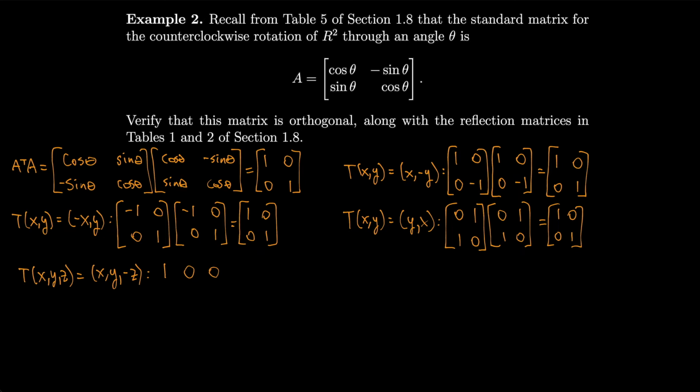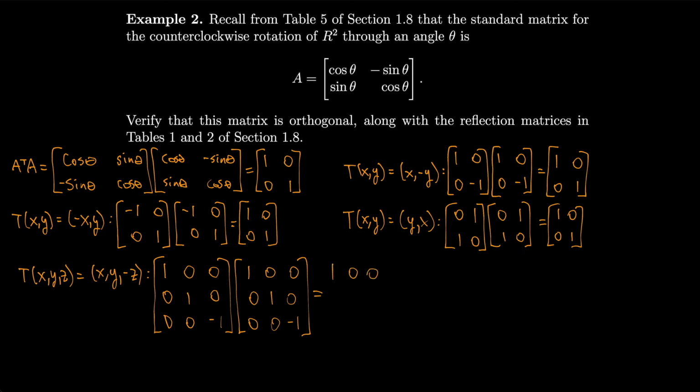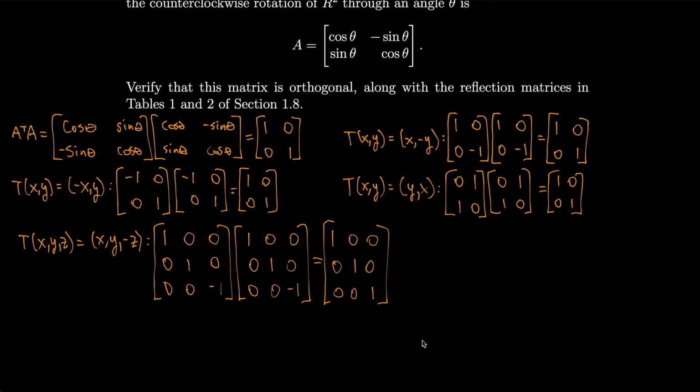So 1, 0, 0, 0, 1, 0, 0, 0, minus 1, and then multiply that by the original one, which is the same in this case, 1, 0, 0, 0, 1, 0, 0, 0, minus 1. So we get 1, 0, 0, 0, 1, 0, 0, 0, 1, the identity in R3.